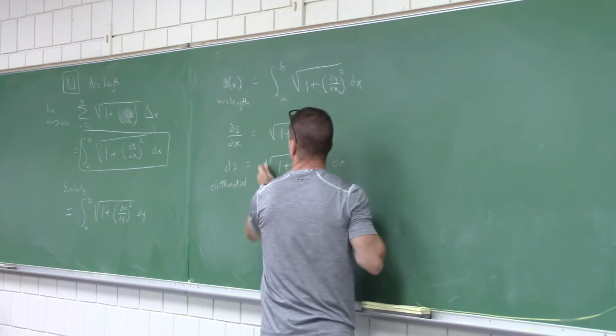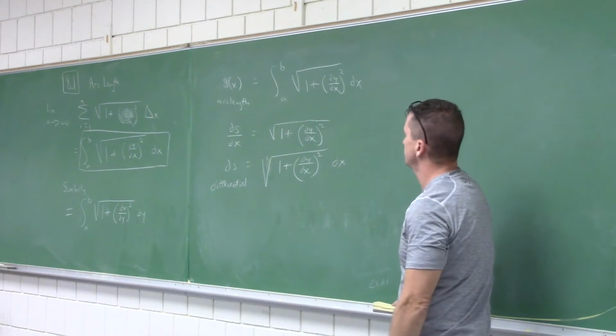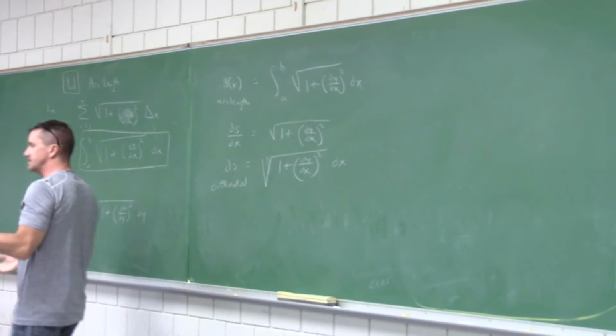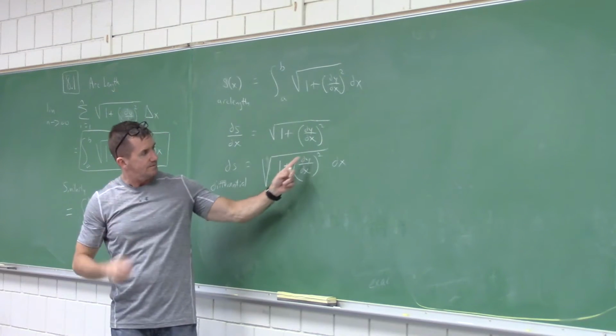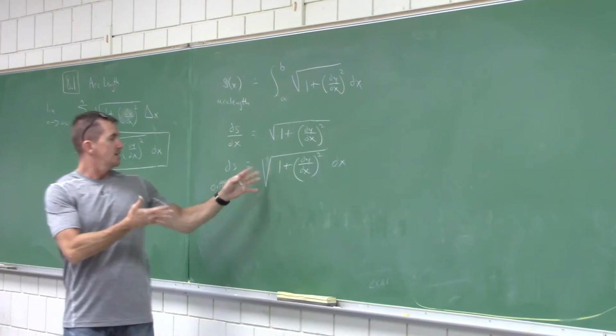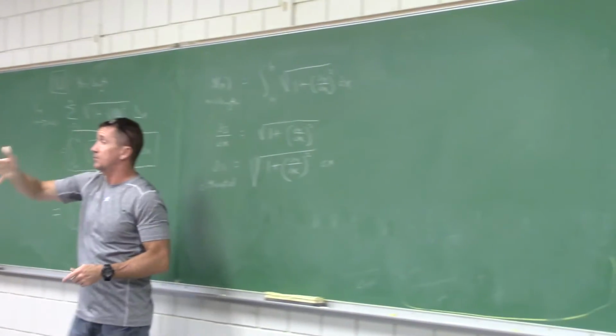I'll make sure this radical goes all over this. Make that bigger. There you go. So we're going to think of from here on out, ds is equal to, it's called a differential, the square root of 1 plus dy over dx squared dx. And it makes it easy to write some of our next upcoming formulas in section 8.2.